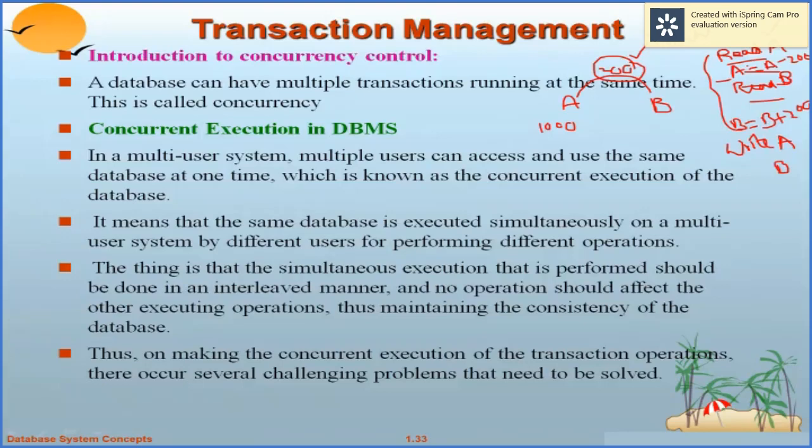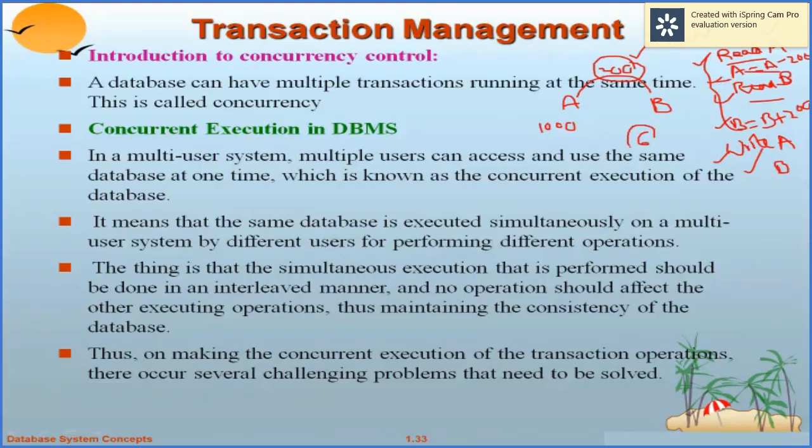If you speak about the file system, if I start performing the same transfer of amount from account A to B using a file system, assume I have around six steps performed for this task.